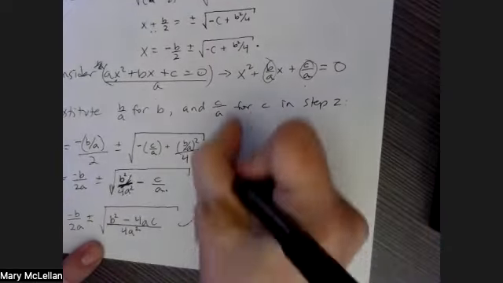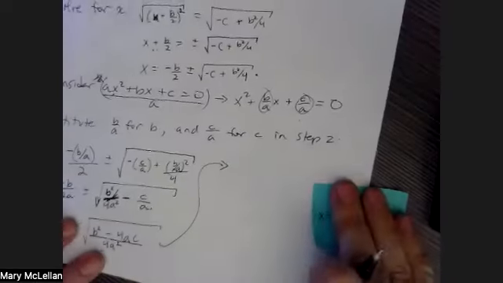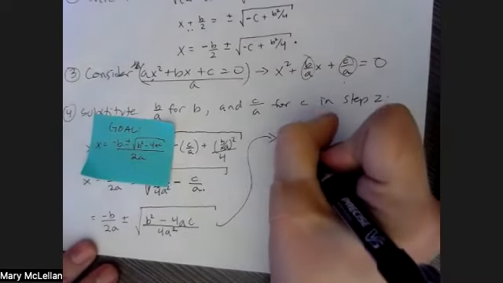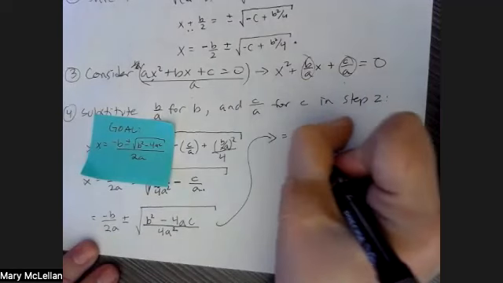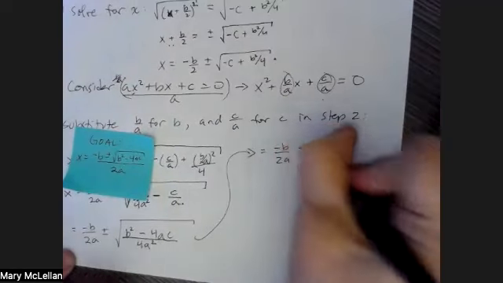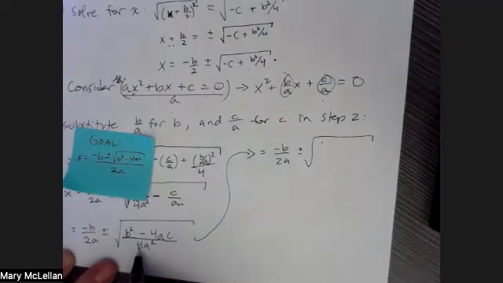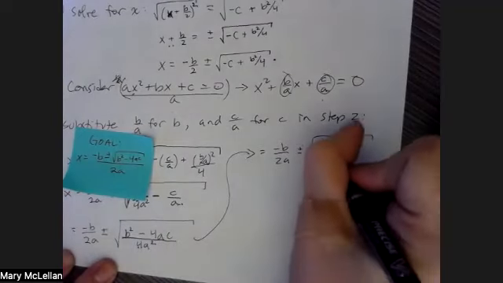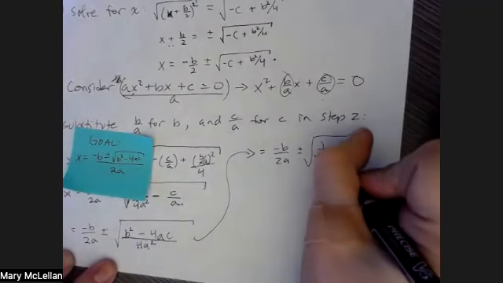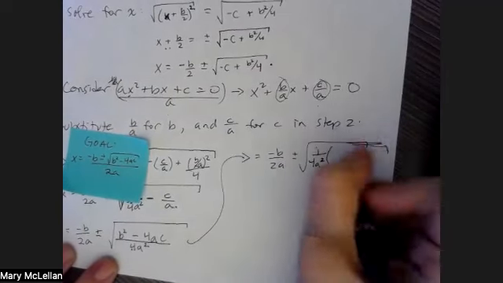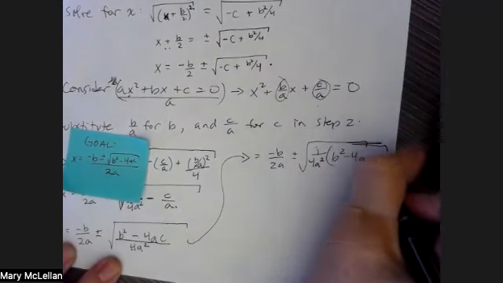Okay, I'm still going. This is still our goal. So now this is equal to negative b over 2a plus or minus the square root of, I'm going to factor out 1 over 4a squared, times b squared minus 4ac.